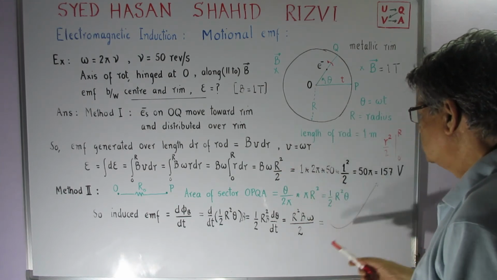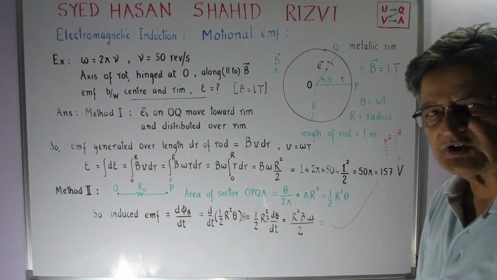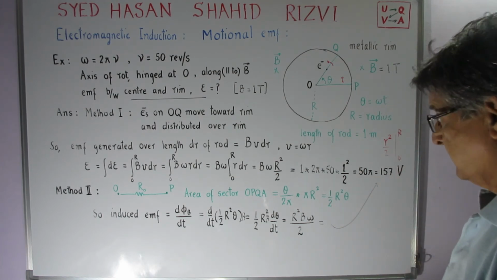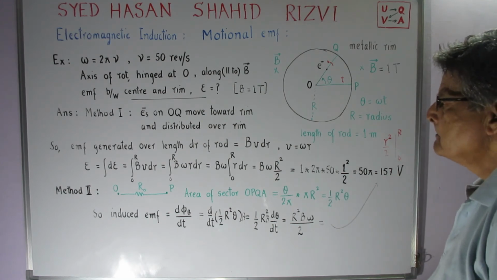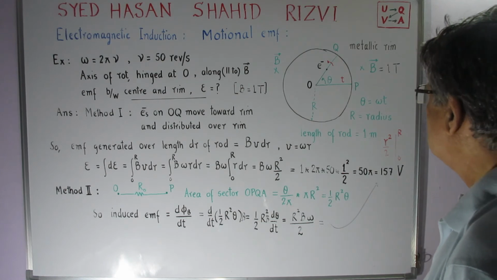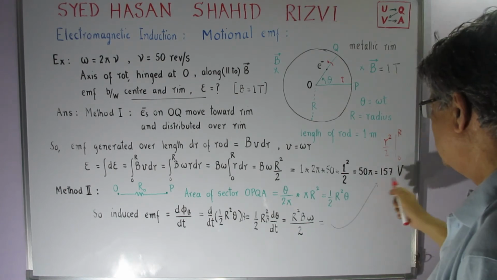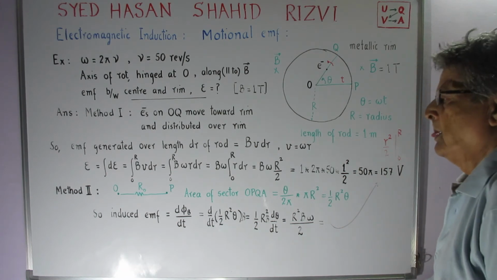The 2 and 2 cancel, so it's 50 pi, and 50 pi is 157 volts, a big value. If instead of Tesla this were in Gauss, the value would be much less, a reasonable value.